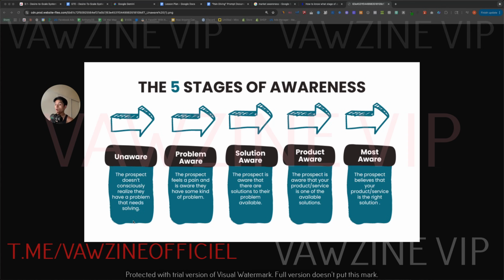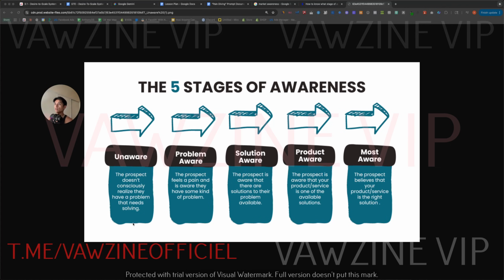Then we move down into product aware. These are prospects who are aware that your particular product or service is available and that it solves their problem, but they're not yet fully aware of everything it does, or that it is in fact the best solution. They might know that testosterone supplements are an effective way to solve the problem, but they're not yet convinced that supplements are better than a coaching program, or better than natural biohacking foods that increase testosterone.